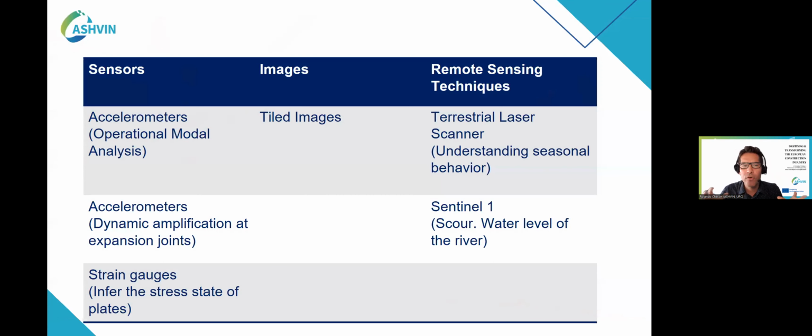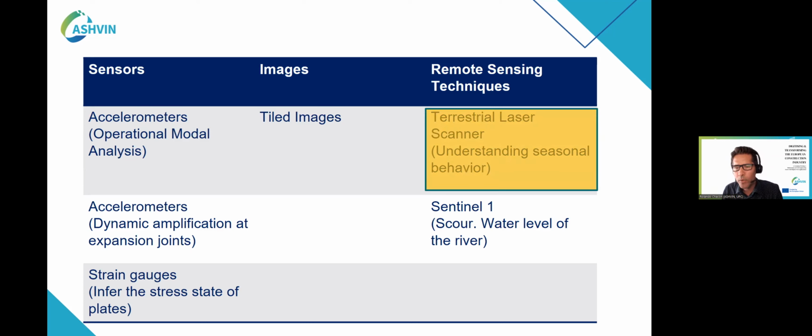For the measurements here, we try to be comprehensive, including sensors, images, and remote sensing techniques. But today I will only focus on one of them, terrestrial laser scanner remote sensing techniques, because with that one, we could try to understand the seasonal behavior of the bridge, which may be one interesting measurement forming the set of different performance indicators of it.